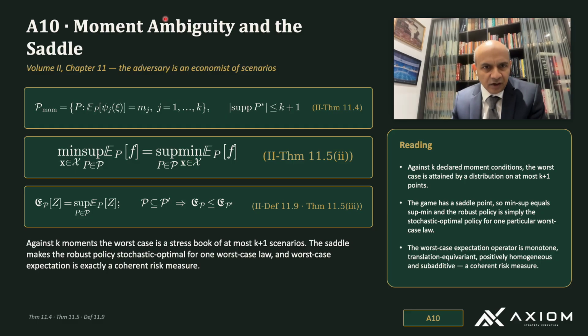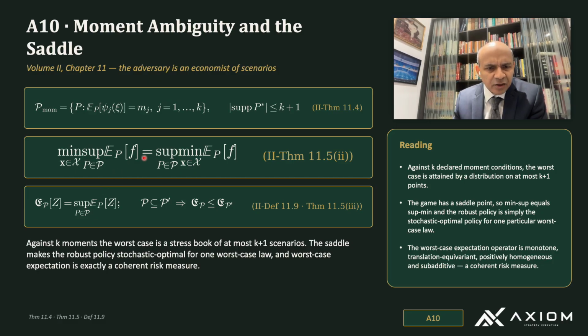Now, the second equation is the minimax equality, and under the theorem's conditions, the order of optimization can be reversed without changing the value. The enterprise can choose against the worst distribution, or the adversary can choose a distribution against the best enterprise response, and both lead to the same saddle point value.